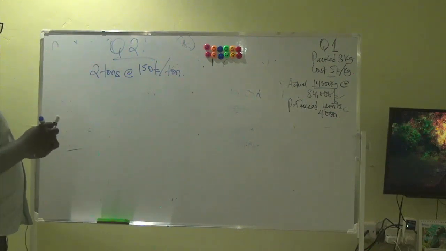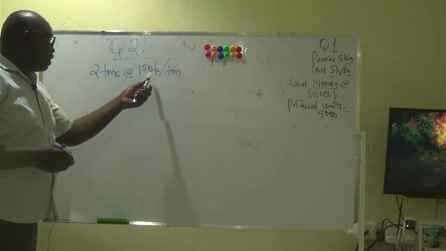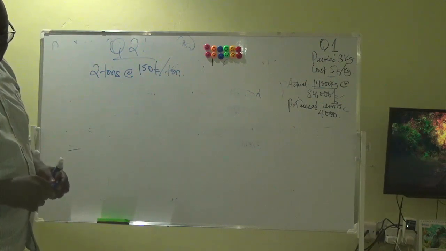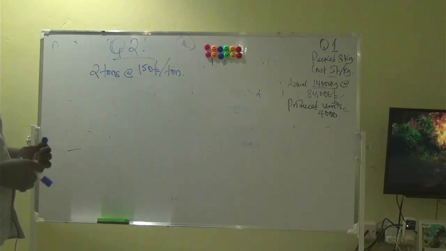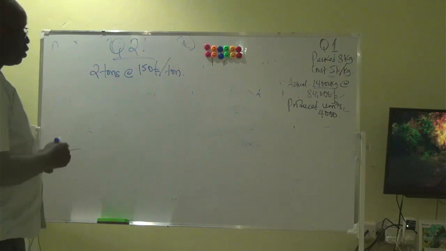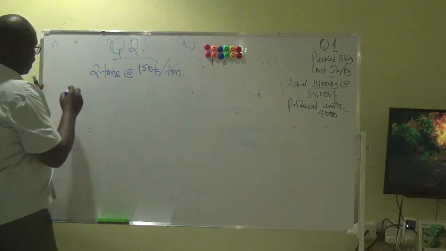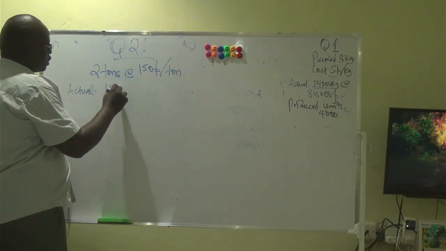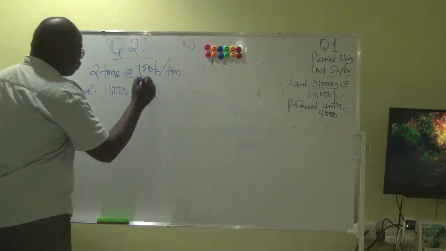That product Q2 comes in 2 tons, and each is 150 shillings per ton. 11,000 tons were used, so the actual usage was 11,000 tons.